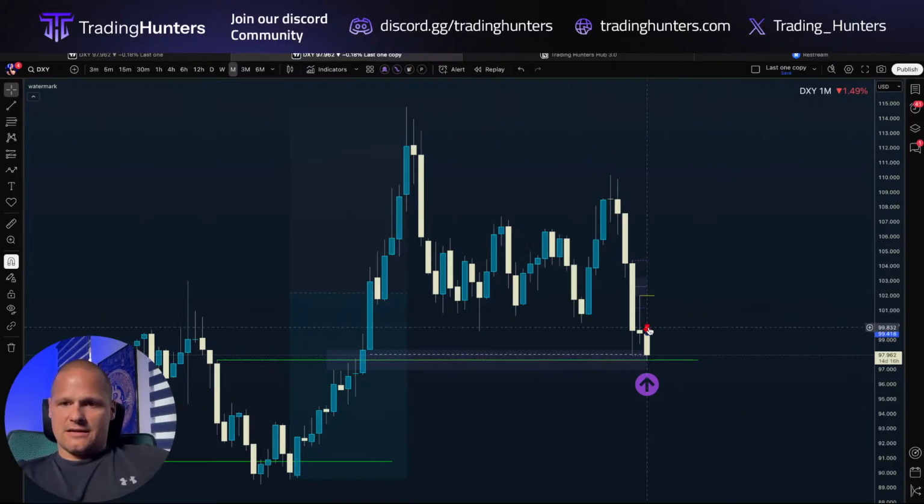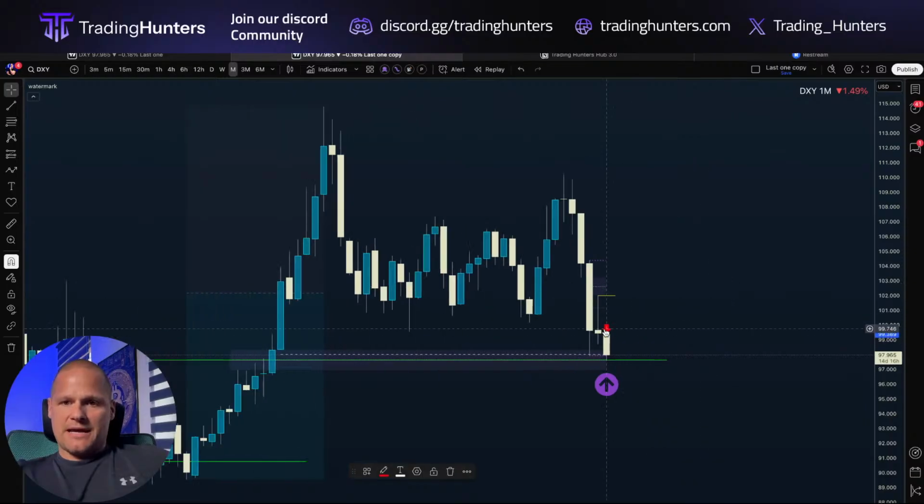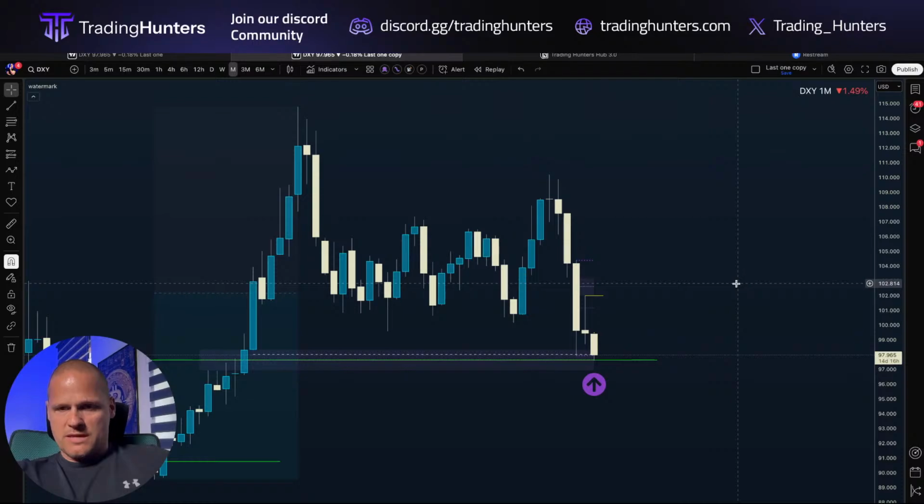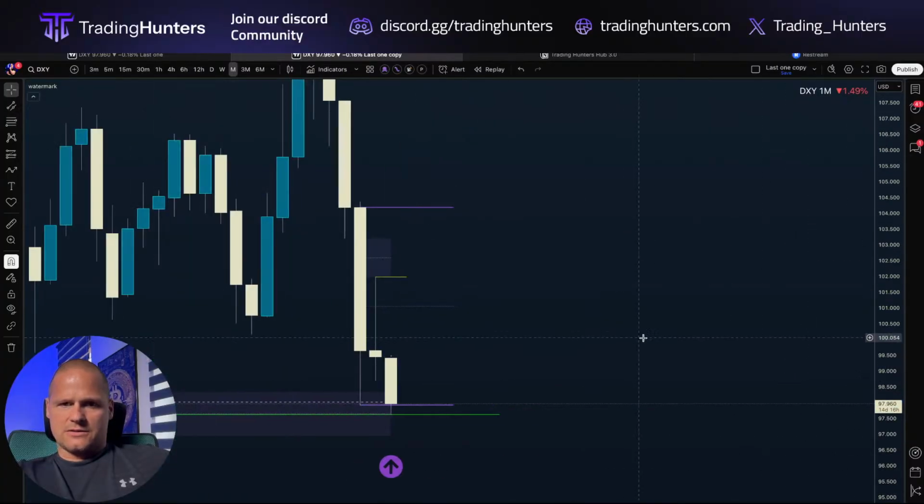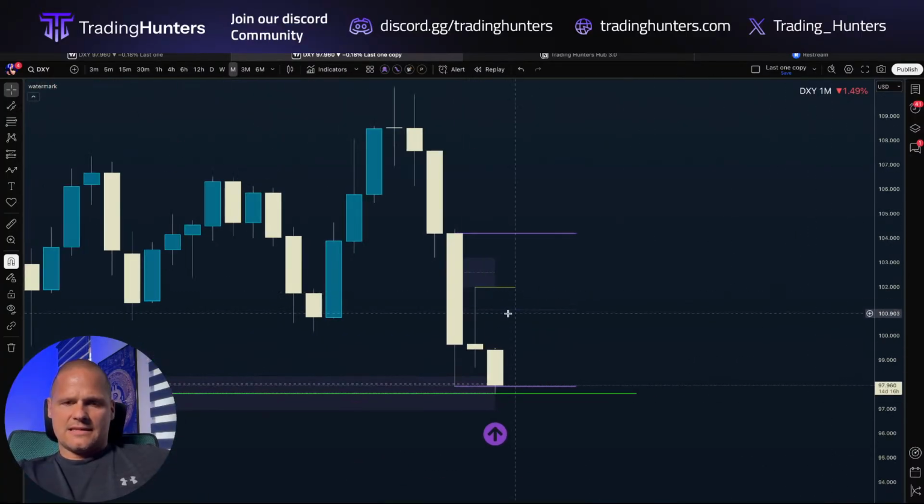significant level, we can probably expect some pullback, right? Let me show you why I do think that it could be playing out also, right? So we got this monthly CLS range in here, right? You can see this one, right? So we have this monthly CLS range.